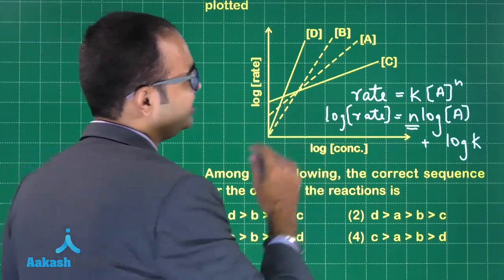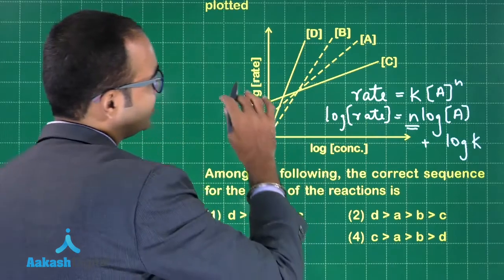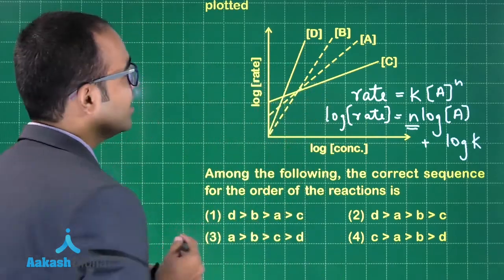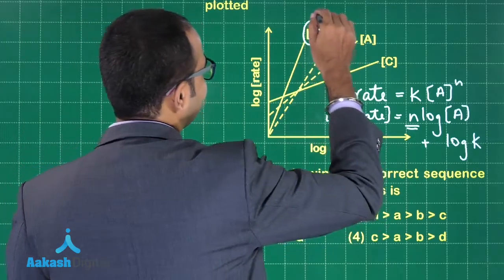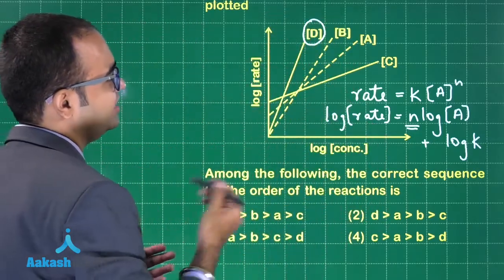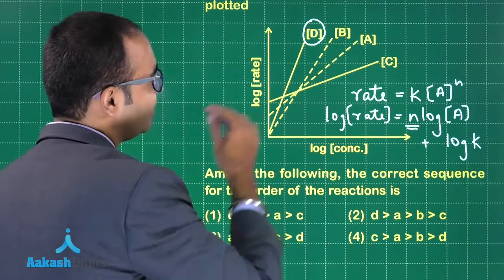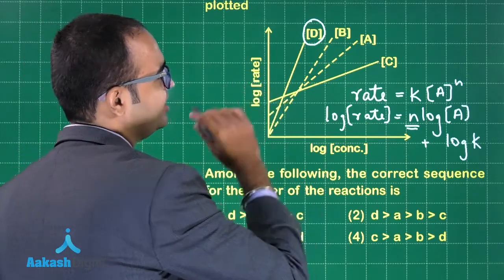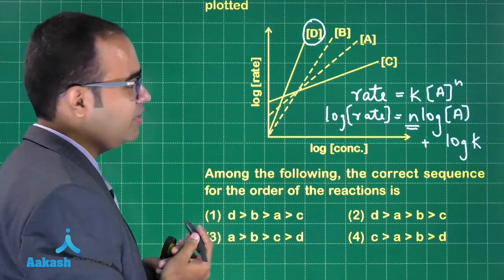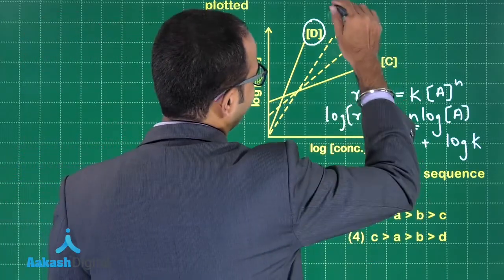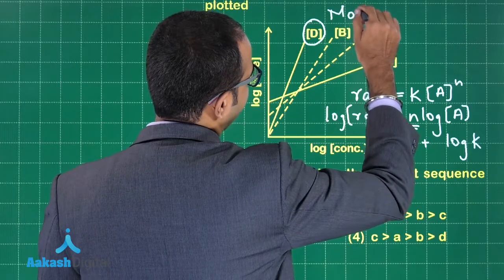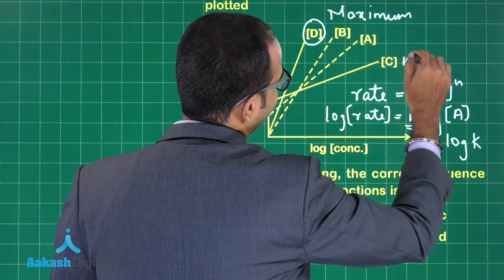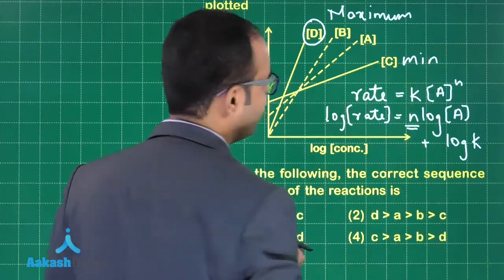Now, if n is the slope, so what line do you think has the maximum slope, guys? This one, that is the reaction where D is getting converted, that line has the maximum slope. So the order of this reaction should be maximum, and that of C should be minimum.